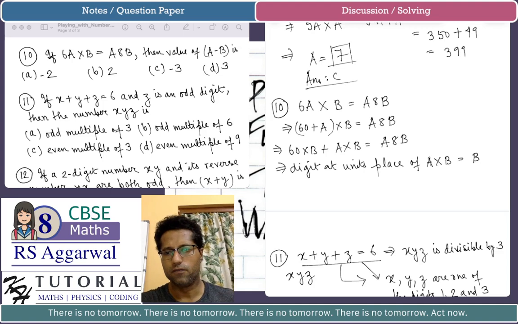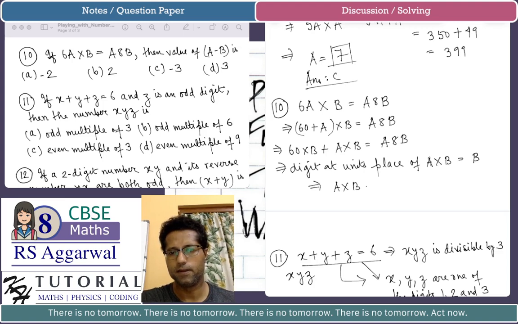Now from this we can say that a multiplied by b, if I take the b from the right hand side to the left hand side, I get 0. This implies if I take b common, I have b into a minus 1 equals 0.